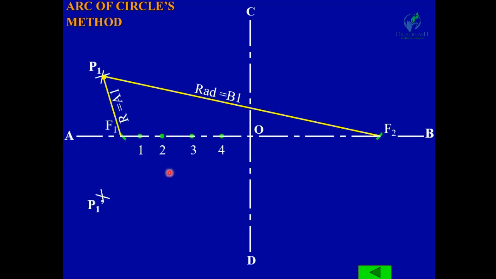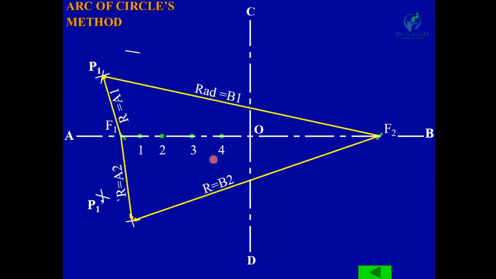Okay, now similarly, the center is F1 and radius equal to A2, and draw arcs on both sides. Now center F2, radius B2, draw arcs and get the intersection points P2 and P2 dash.